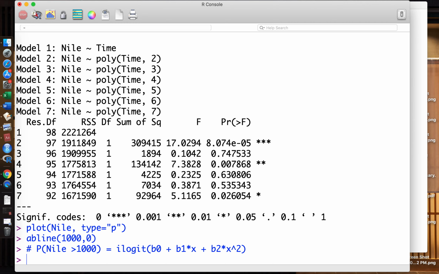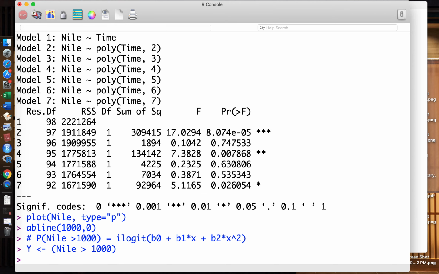So basically we can do the same thing. So we can define y as null is larger than 1000, and we want to fit y on time.